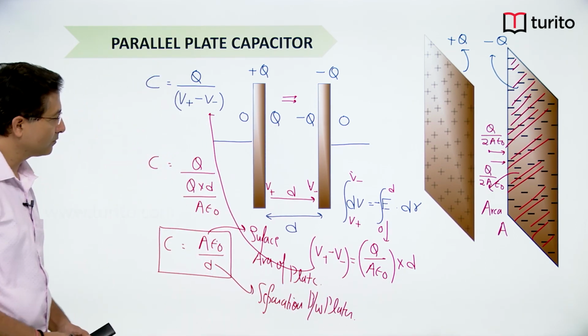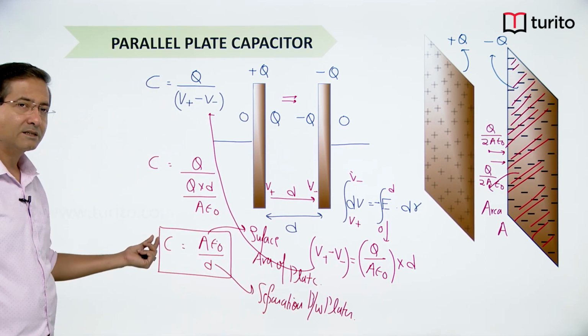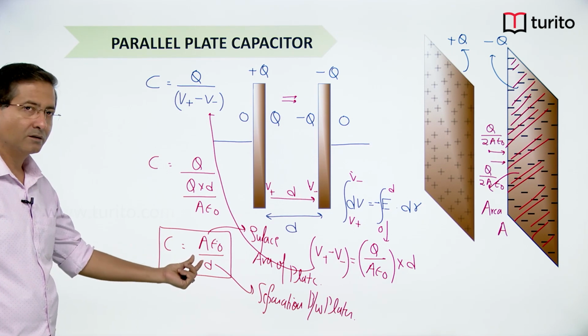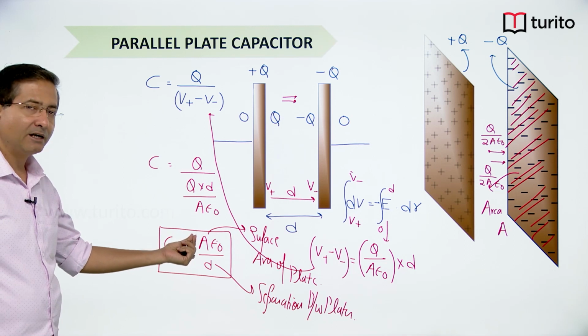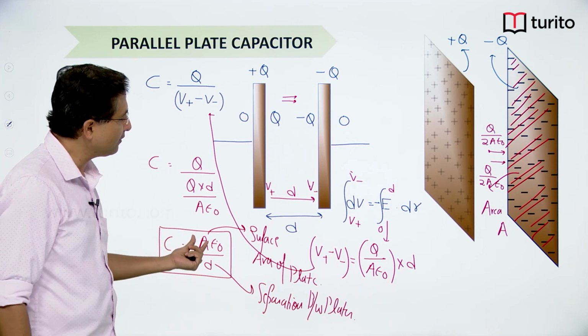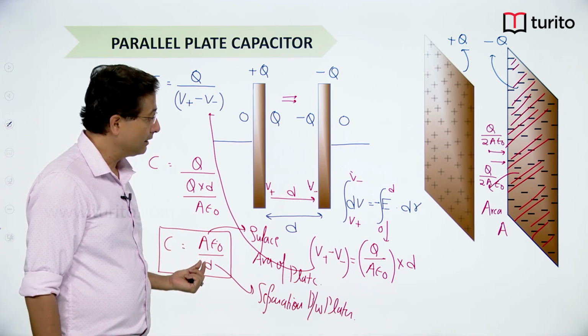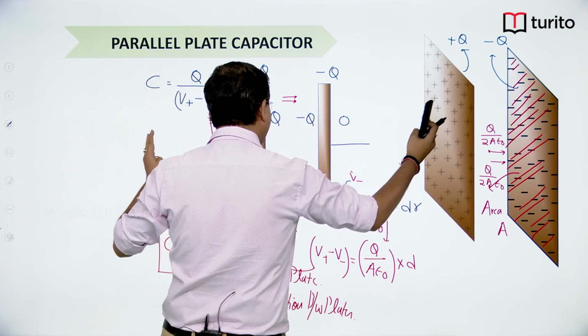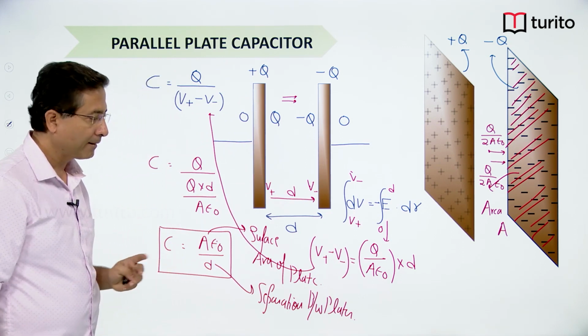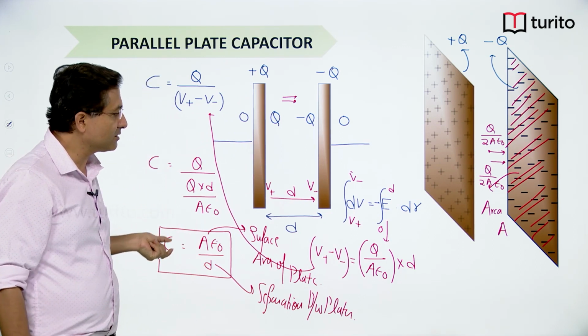You can see that capacitance depends on separation as well as area. If I keep the area fixed and increase the separation, if I move these two plates apart, as d increases, capacitance decreases.